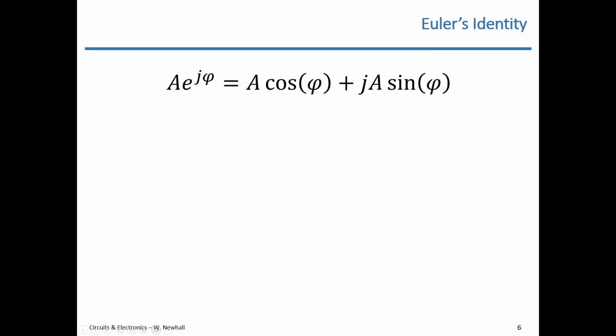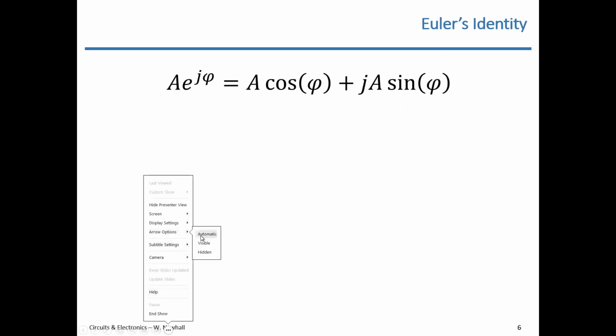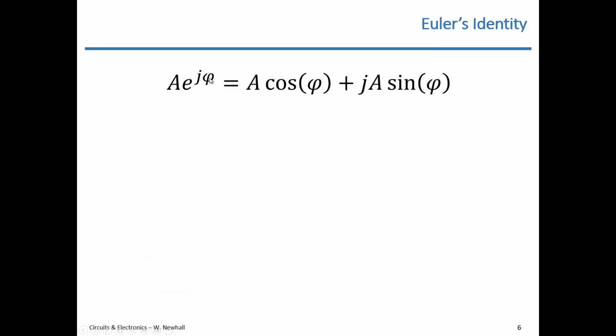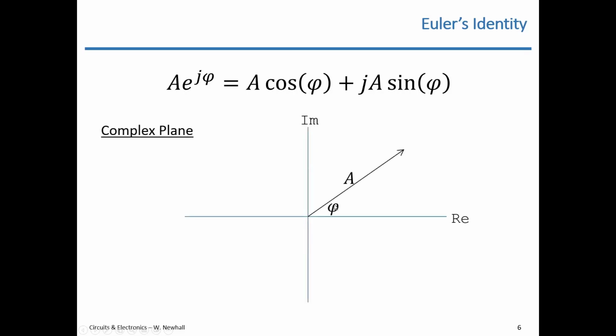Phi is the angle between the horizontal axis and that phasor, or that vector. A is the length of that vector. And here's Euler's formula saying these are equivalent. We talked about the complex plane. Here's A, here's phi, here's the relationship between A and phi, polar, and the Cartesian values. Keep that in your head.